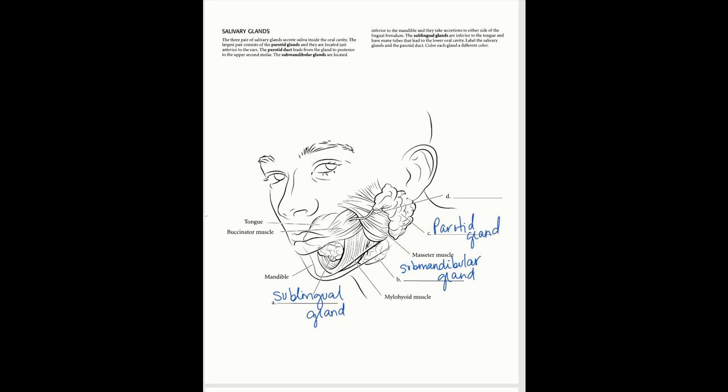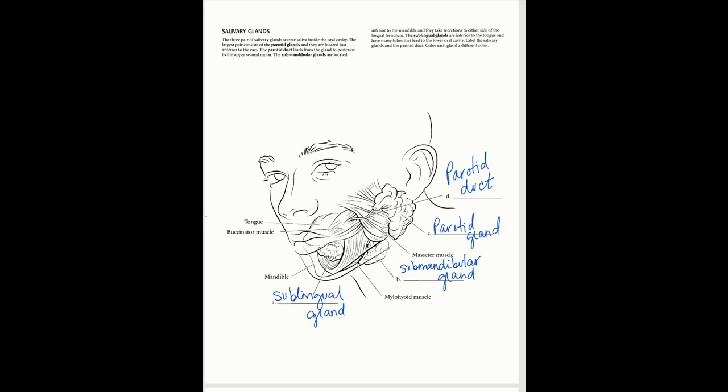And then as the parotid gland is a bit further, we're going to have a duct to carry that saliva to the mouth, the parotid duct. Not too shabby. That was a pretty quick one. So let's go ahead and move on now.